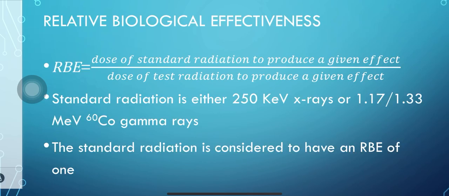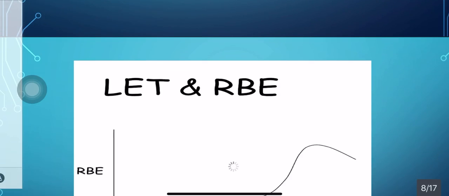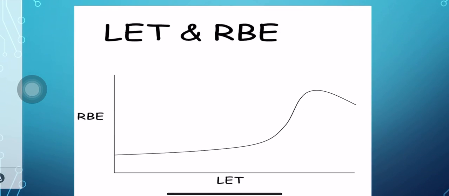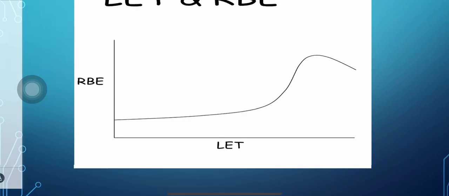Other types of radiation are compared to these because these are the most used, and they define the relative biological effectiveness of the other radiations. As the LET increases, relative biological effectiveness increases, up to very high doses when maybe the tissues are saturated with energy, so the effect starts to slightly decrease.